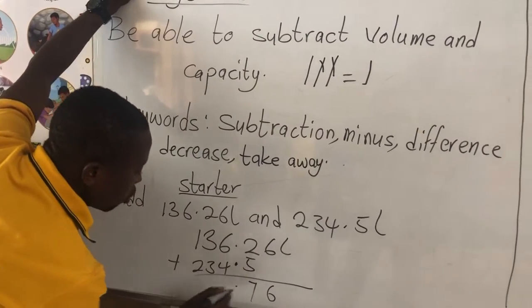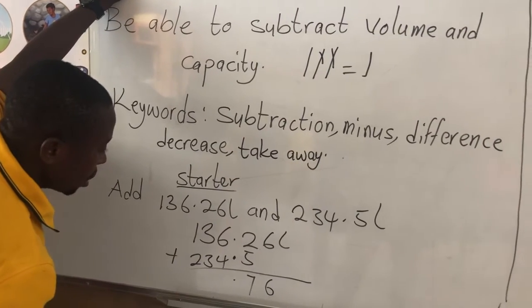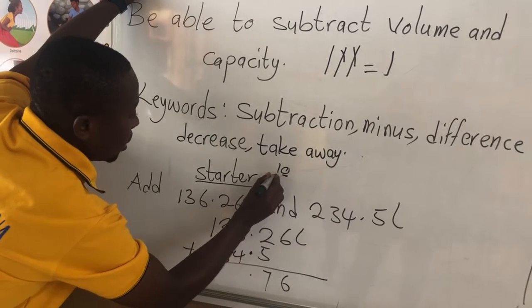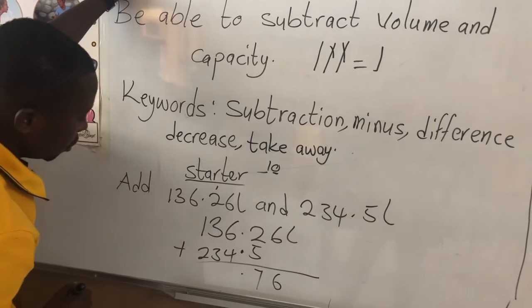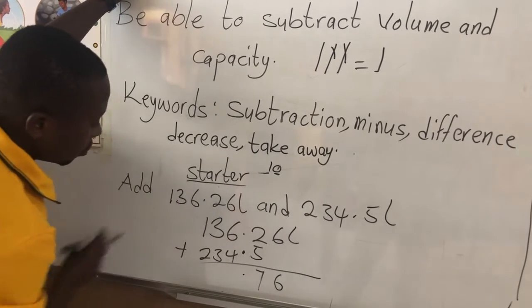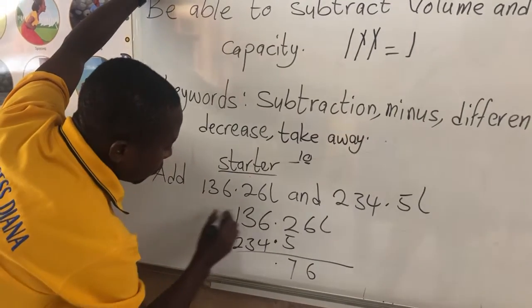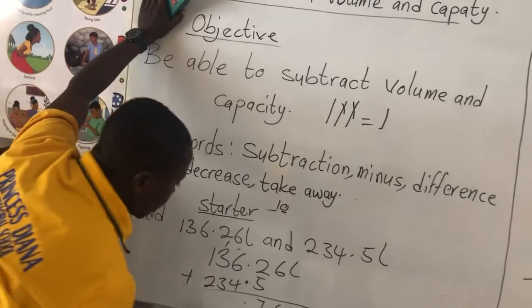Then we bring the point. Then 6 plus 4 will give us 10. We write this 0 and carry this 1, adding it to this 3.